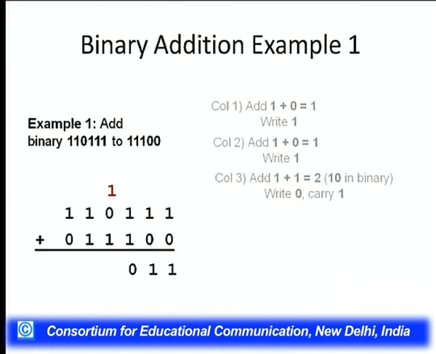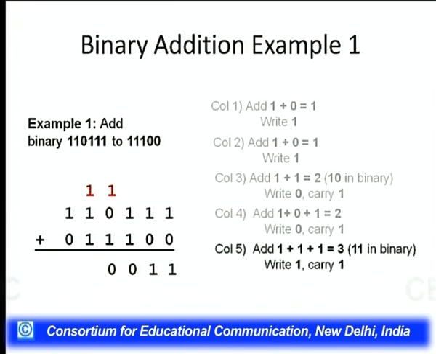Now in the next step again you have the carried 1, and then 1 plus 1, so this is again equivalent to 2. So 2 means you have 10, so you write the number 0 and you carry over 1. Now you have 1 plus 1 plus 1. So this is equivalent to the decimal number 3, which is represented as the binary 11. So you write 1 and 1 will be carried over.